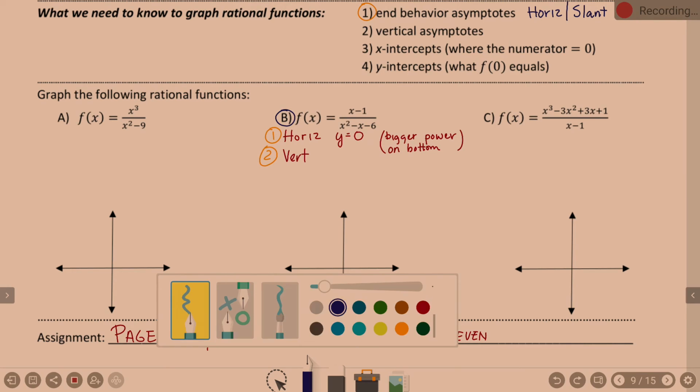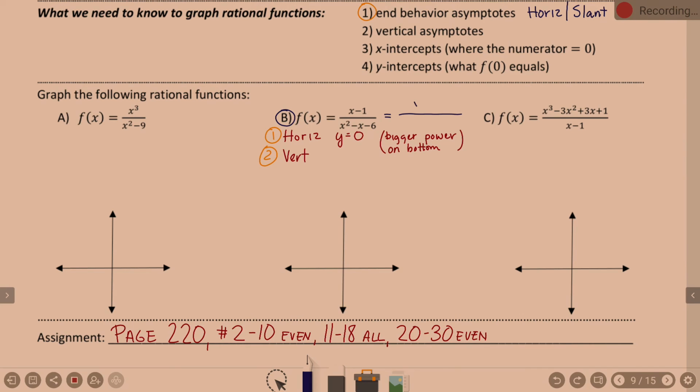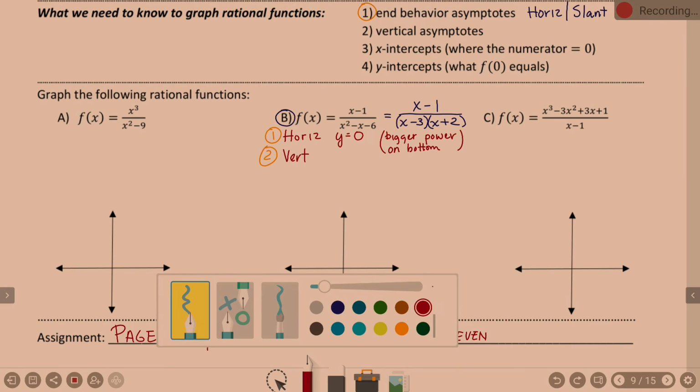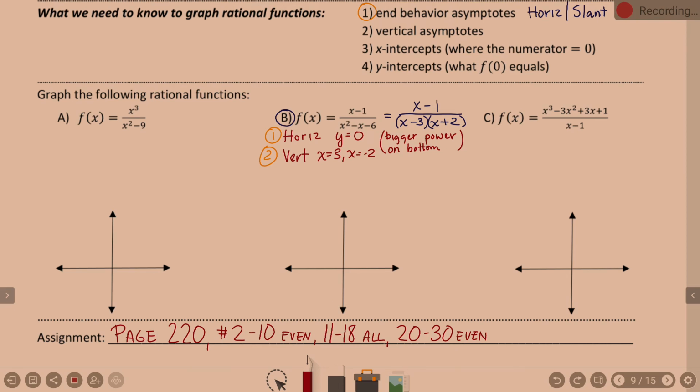Honestly, I should have had us factor it from the beginning. x minus 1 is x minus 1. x squared minus x minus 6 factors into x minus 3 times x plus 2, right? If you set each of those equal to 0, you get vertical asymptotes of x equals 3 and x equals negative 2. I'm just gathering information. We'll put it on the graph in a moment.